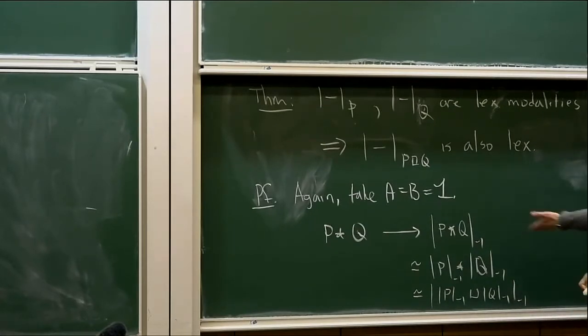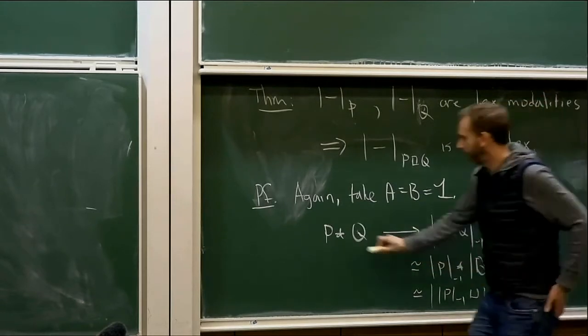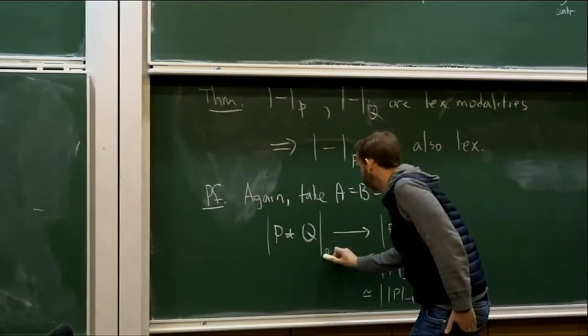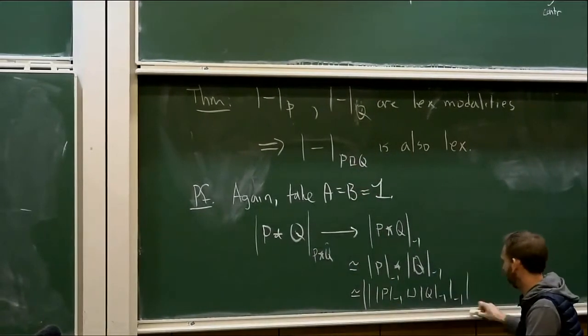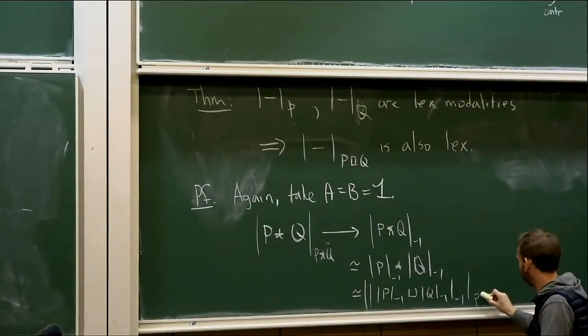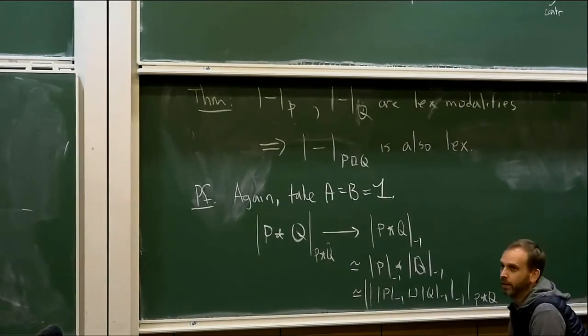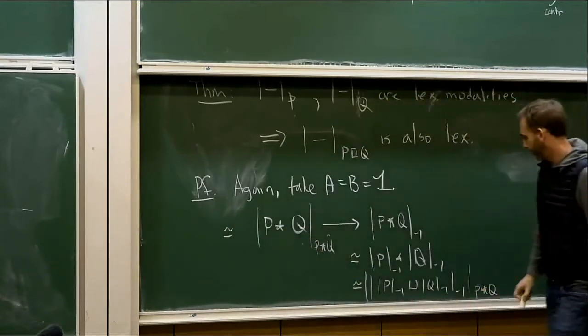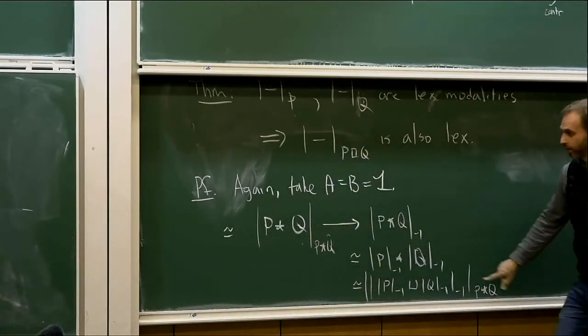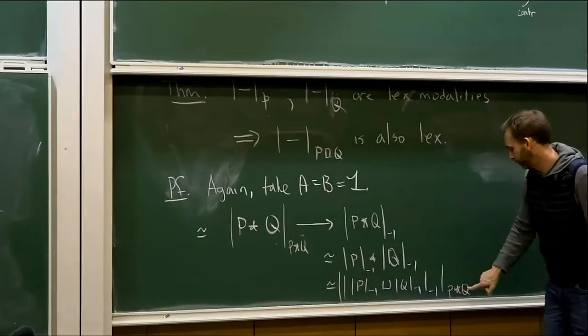Okay, so now I have this map, and now what I'm going to do is apply the P join Q modality to this map. Okay, I've got a lot of bars. Sorry about that. But now this is contractible. And this is a proposition. So I have a map from a contractible type to a proposition.